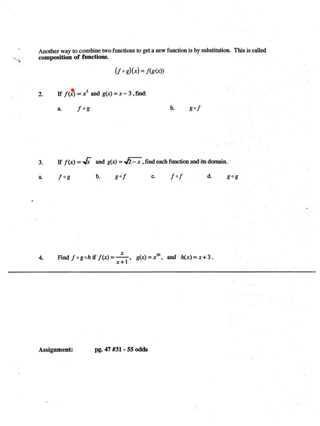So if f at x is x squared and g of x is x minus 3, then f composed of g would be x squared acting on x minus 3. That is, f acting on g of x. Function composition is substitution. So when you see a g of x, put in what g of x is.